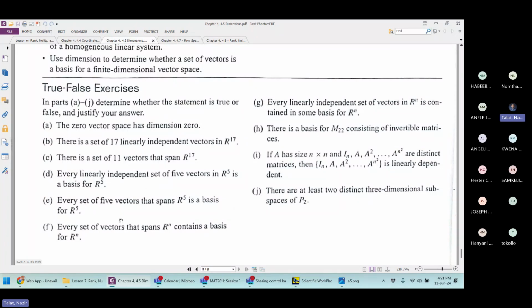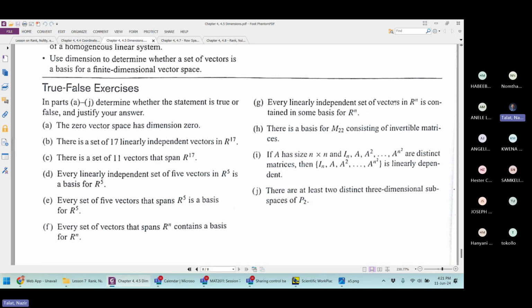There is one result which we already saw in the previous lesson: every set of vectors that spans Rn contains a basis for Rn. Yes, if the set spans Rn, then it has a basis for Rn as well. Moreover, every linearly independent set of vectors in Rn is contained in some basis for Rn.